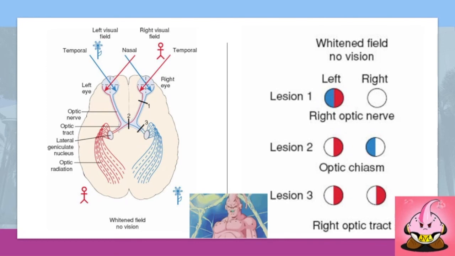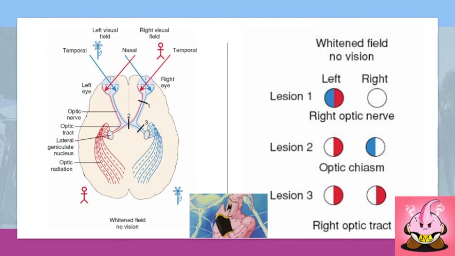However, the right visual field of your right eye cannot be transmitted to the left part of the brain, hence it cannot be seen by the right eye. For your right eye, you'll be able to see the left visual field.